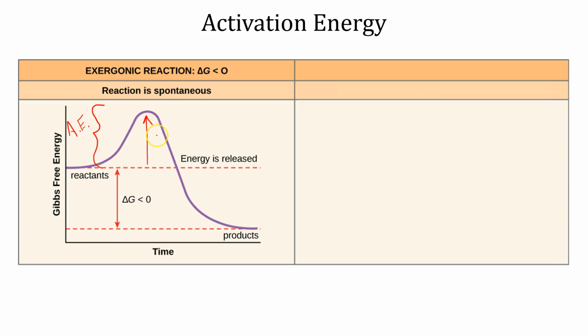Now, the reason chemical reactions require activation energy is that generally the reactants are going to have some sort of shape to them, right? The atoms are bound in some way to one another, and they're content to stay in that form.